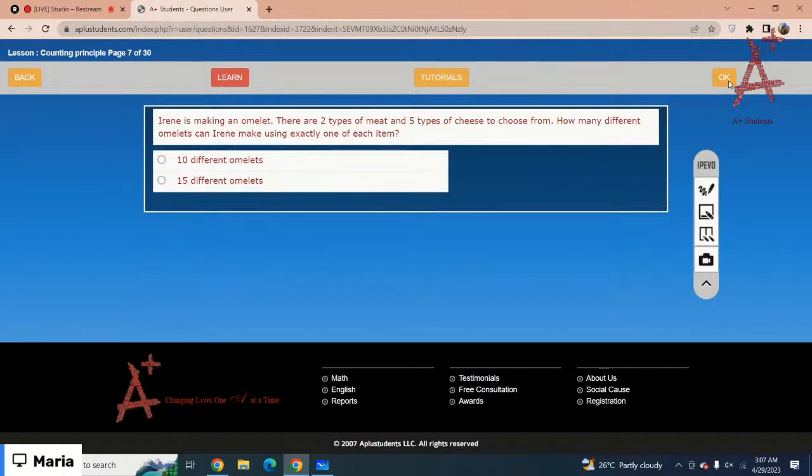Irene is making an omelette. There are two types of meat and five types of cheese to choose from. How many different omelettes can Irene make using exactly one of each item?